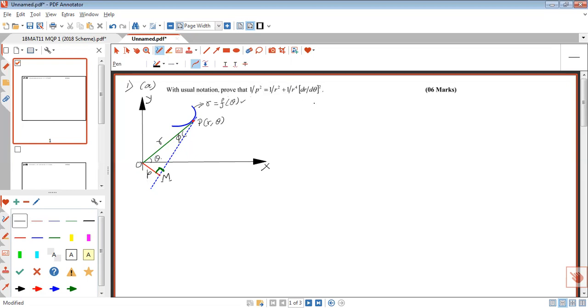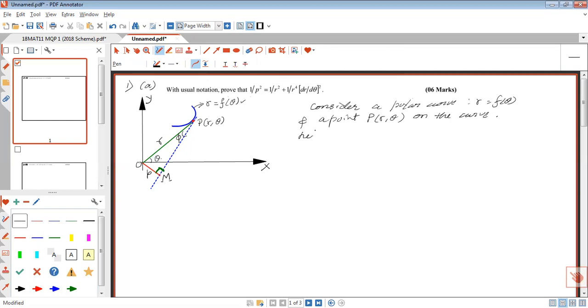So here first we need to consider a polar curve, that is r equal to f of theta, and a point P of r comma theta on the curve.